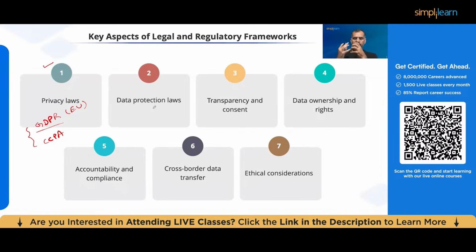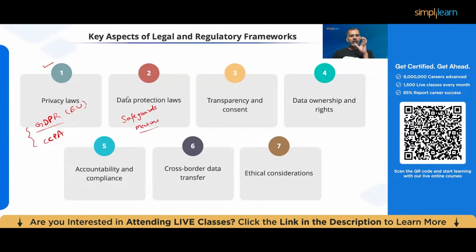Then we talk about data protection laws. These laws outline the different kinds of safeguards and measures taken by data organizations, and these need to be implemented whenever any organization is going to store data.